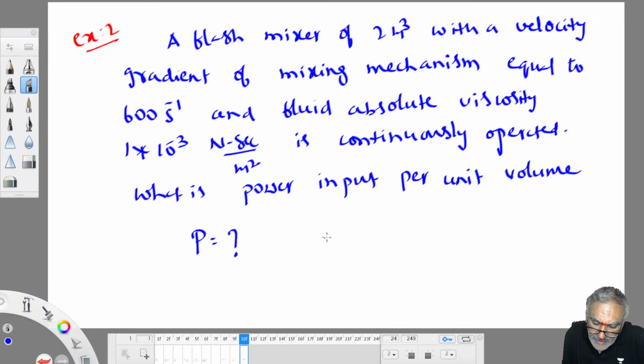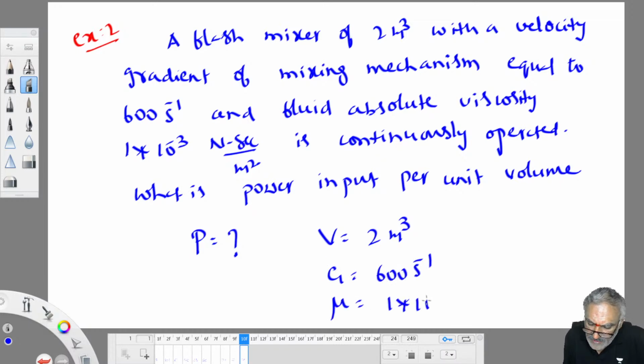What is unknown? Power. What is given? V is given: V is 2 meter cube and G is given as 600 second inverse and mu is given as 1 into 10 power minus 3 Newton second per meter square. Just formula substitution, nothing is there in this. Come on.